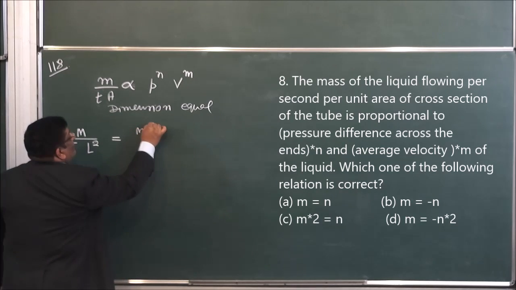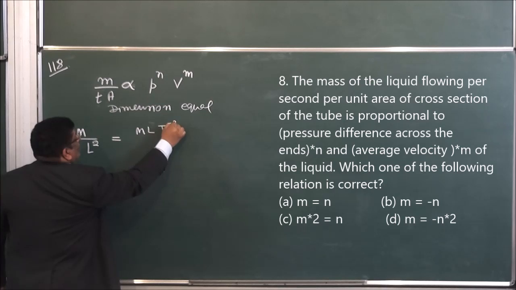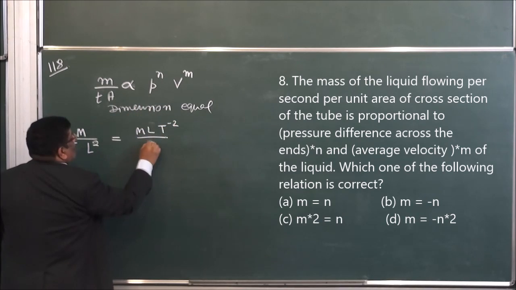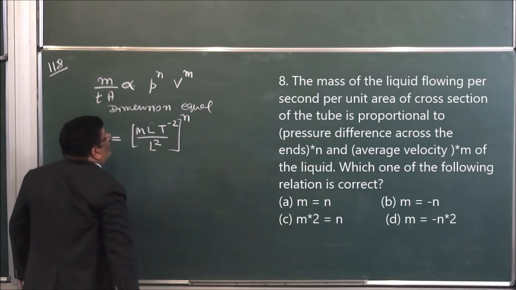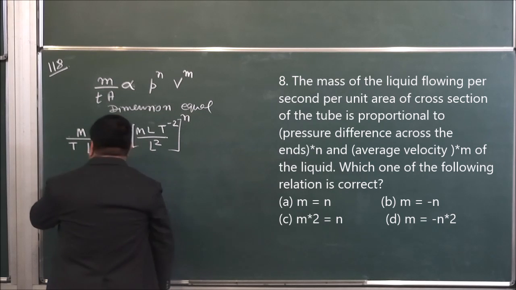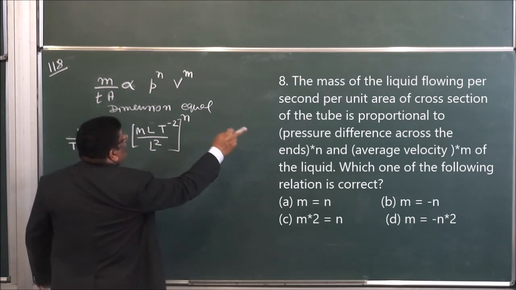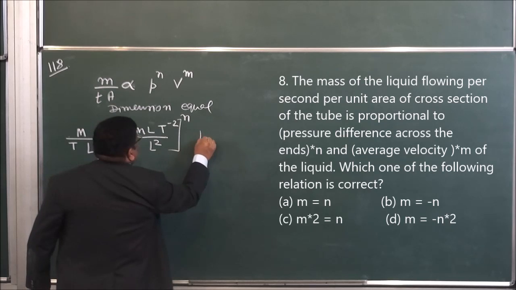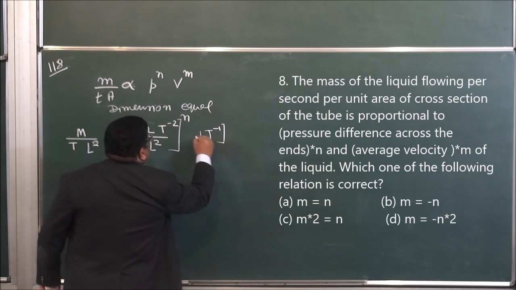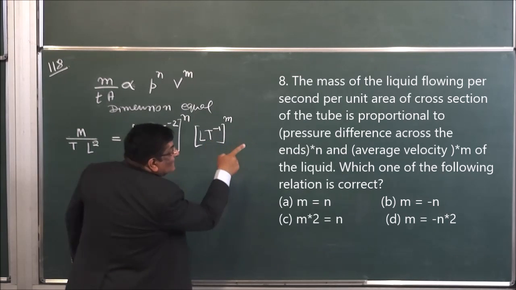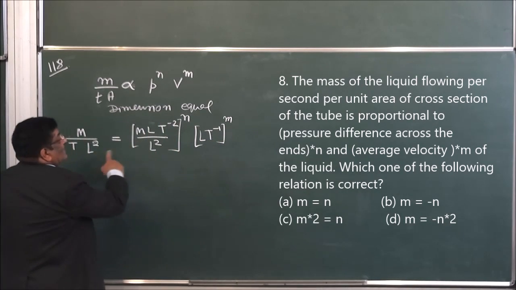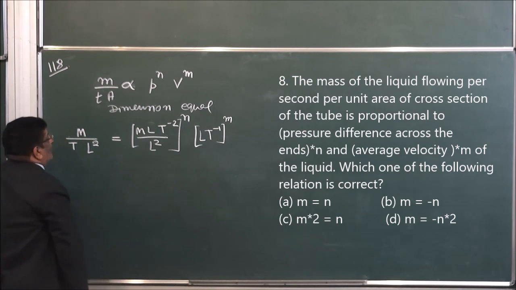Force is MLT^-2 divided by area L^2, and this has power n. V is given to us as average velocity. Velocity is LT^-1 and it has power m. This is what is written in the text, translated into physical quantities. Now equate.